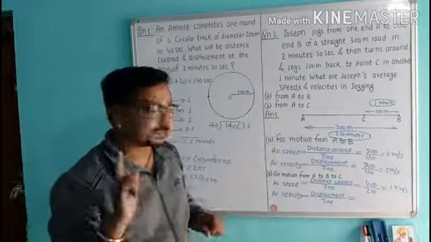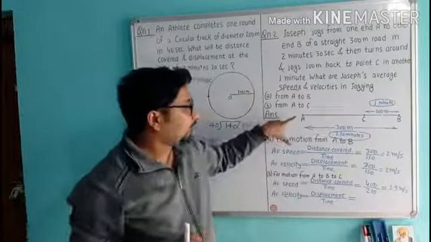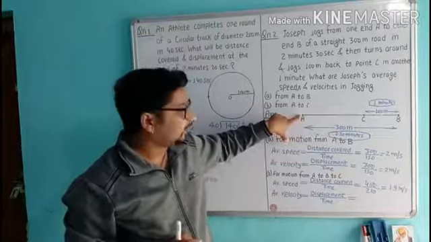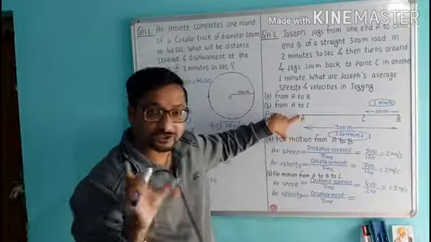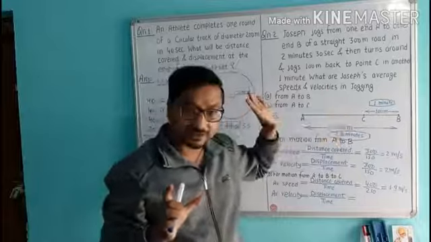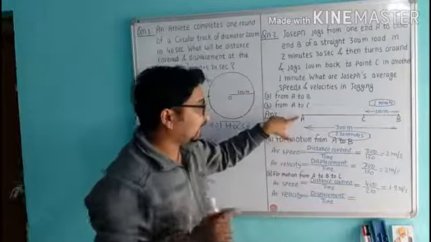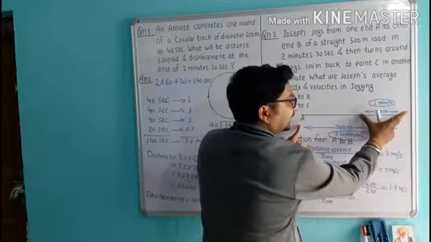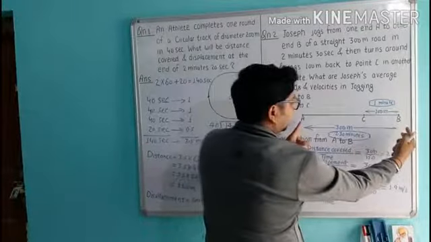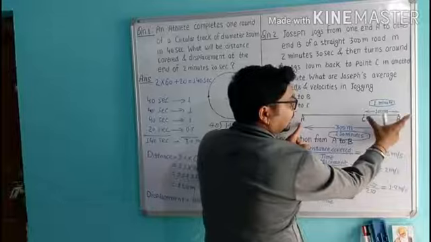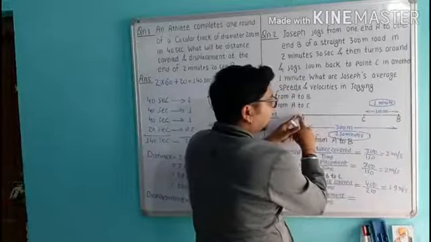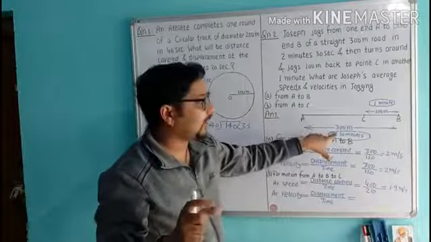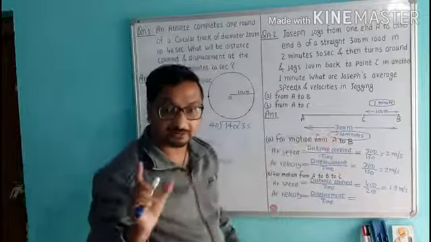Again, displacement. For motion from A to C, initial position is A. Final position is C. This is 300 meter and this is 100 meter. That means the distance between A and C is 300 minus 100, that is 200.